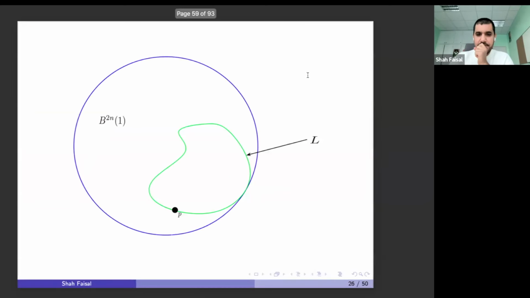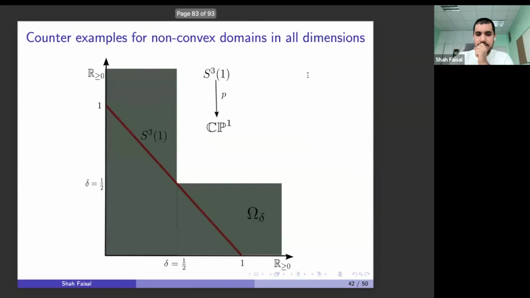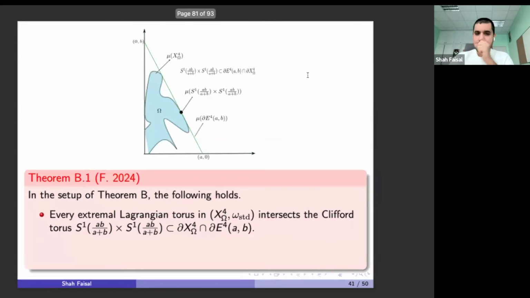Okay, all the examples I know are monotone. I don't think I remember any example of an extremal torus that is not monotone.